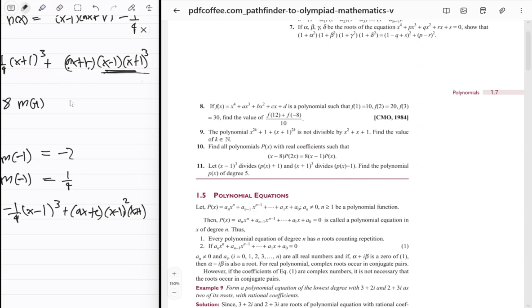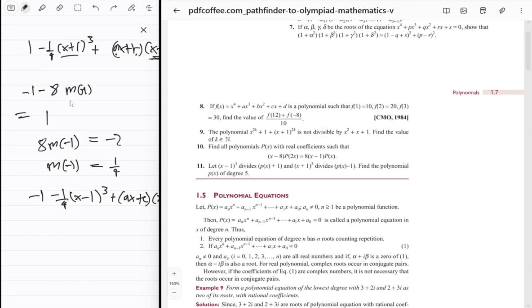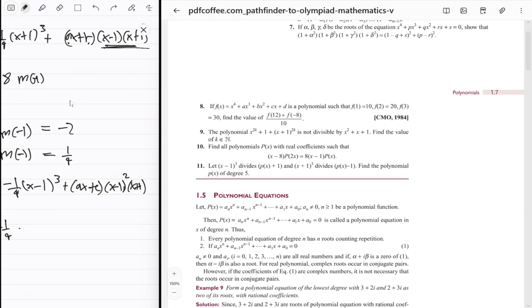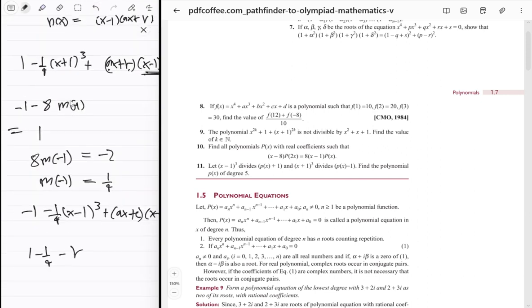The constant that we get from this is negative 1, and from here we just get positive 1. And then the constants must match up, and okay, from here we just get 1, from here you get negative 1. Oh god. So you got 1 minus 1/4, okay, plus actually minus b, right? So just to get the constants, put x equal to 0. That's gonna do the thing for us.